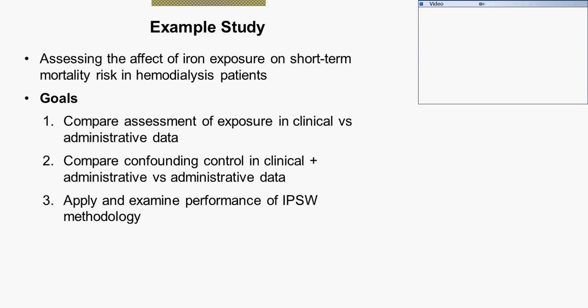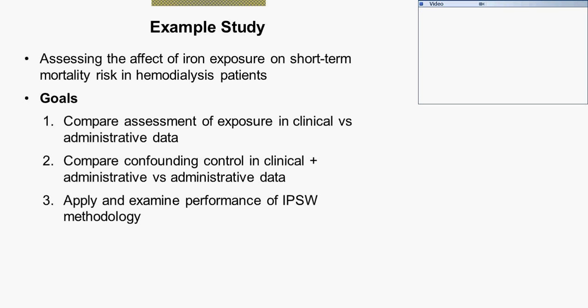This is the example study that I'll talk a little bit about for the remainder of this session. Essentially, the goal is to look at whether IV iron increases the short-term risk of mortality in these patients, whether a high dose of iron increases their mortality risk. I want to do a few things. I first want to assess the exposure measures in the clinical data compared to the administrative data to see how consistent they are.